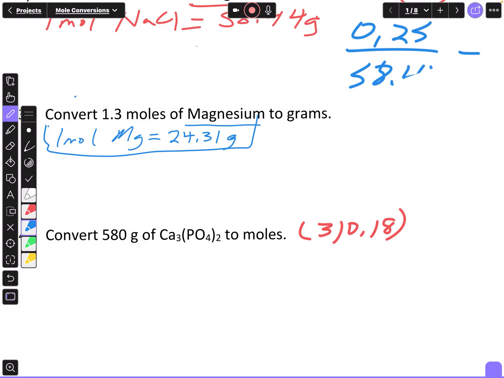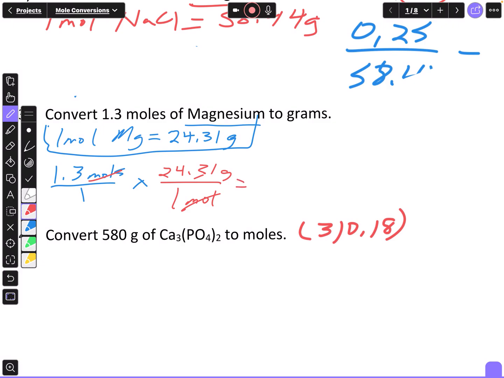And I know that I'm starting with 1.3 moles. That's what I'm given. Put that over 1. I'm going to multiply by my conversion factor that tells me 1 mole of magnesium is 24.31 grams. If I'm looking for grams, I need to put the grams on top. So I put the 24.31 grams on top, the 1 mole on bottom. That way my moles cancel.